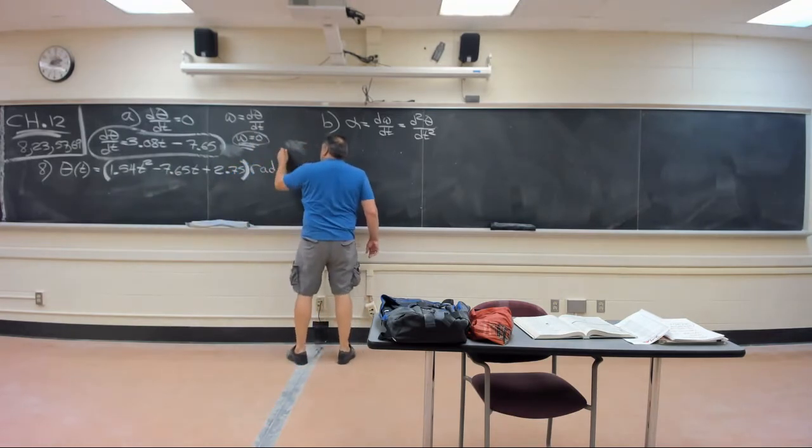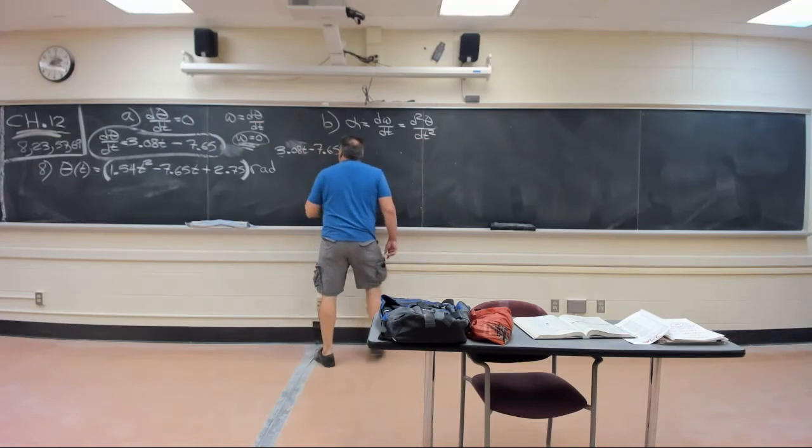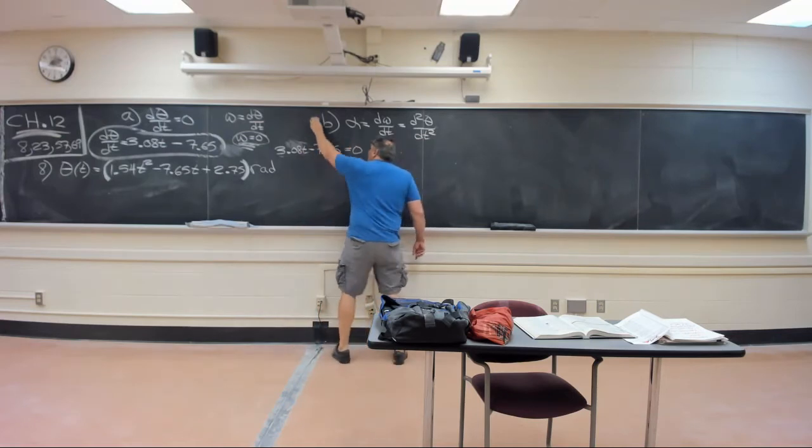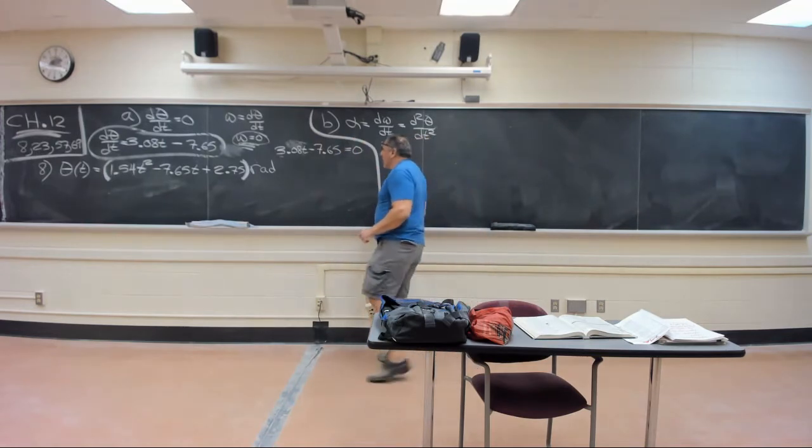So what we have here is 3.08 t minus 7.65 set equal to 0. We'll take care of B later. Let's take care of this one right now.